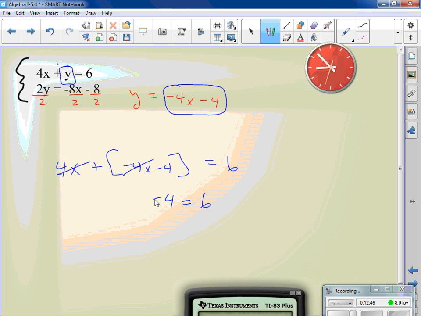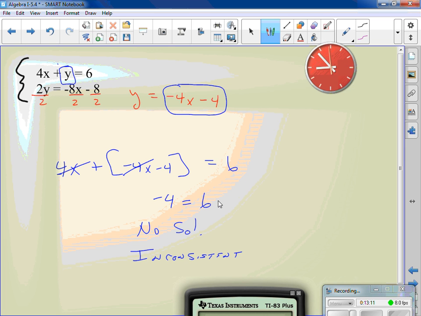Does -4 equal 6? This means it is no solution, which means it is inconsistent. I could go further and add over the 4 and have 0 equals 10. Is 0 equal to 10? No.